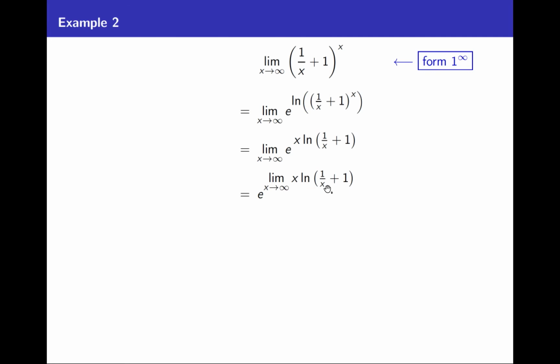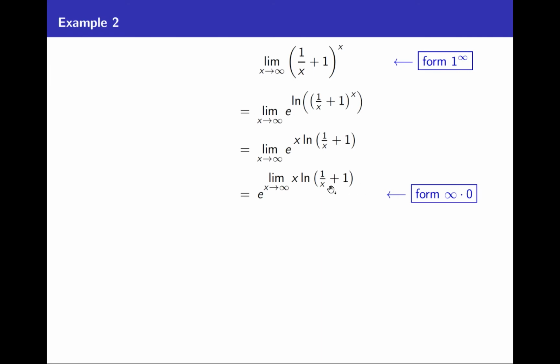So ln of that is getting closer and closer to ln of 1, and remember that ln of 1 is 0. So the second factor is approaching 0. As x goes to infinity, the ln of 1 over x plus 1 goes to 0. So that limit up there in the exponent has form infinity times 0. And that's something we can use L'Hopital's rule to handle.